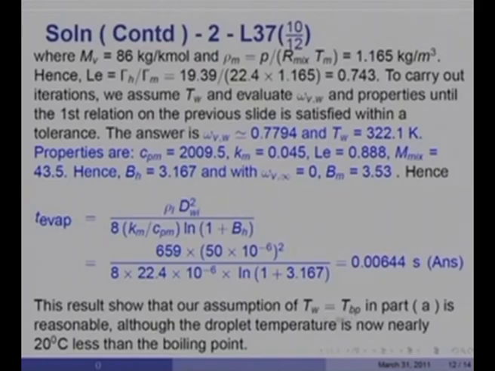So, our assumption of Tw equal to Tb in part A is reasonable, although the droplet temperature is now nearly 20 degrees centigrade less than the boiling point.